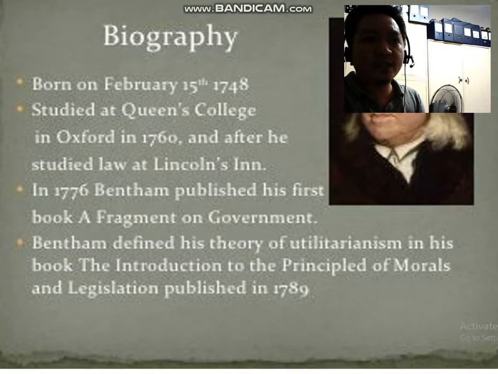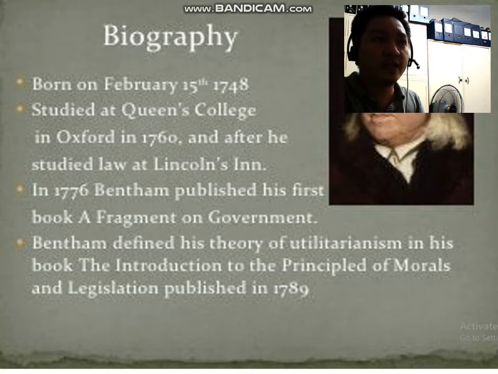So this idea actually came from Jeremy Bentham. He was born on February 15, 1748, and studied at Queen's College in Oxford in 1760 after he studied law at Lincoln's Inn.